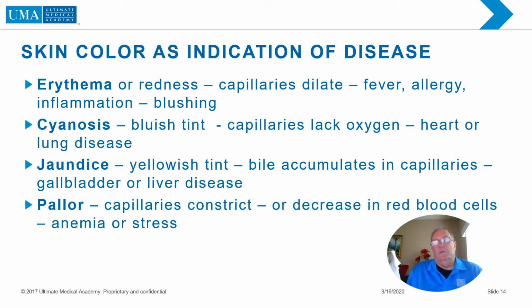In the previous slides, we discussed some of these signs and symptoms of the skin. As you can see, the first one here is erythema, which is redness, which is a sign of an irritant or allergy, and we discussed the numerous different types of skin irritations you can have. Now, cyanosis can be an indication of lack of oxygen.